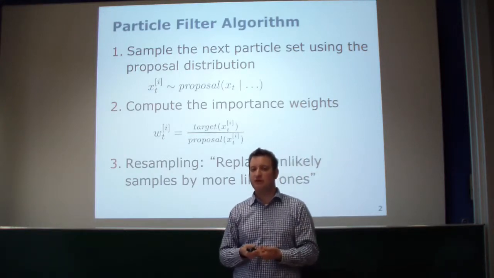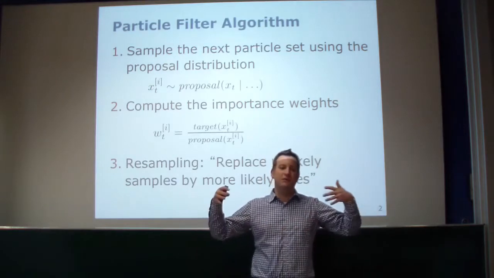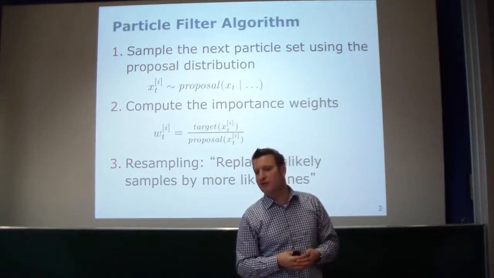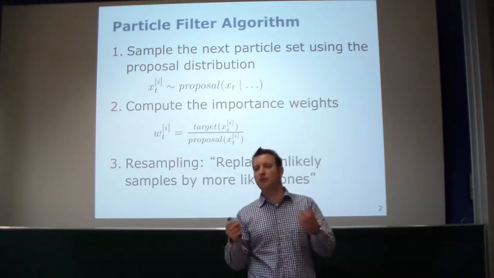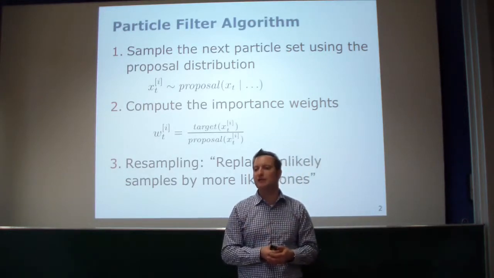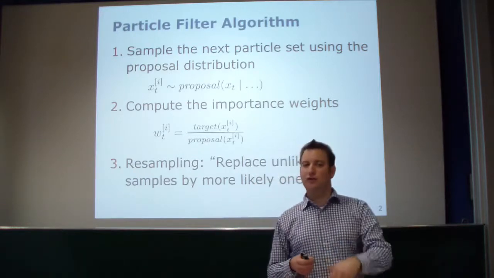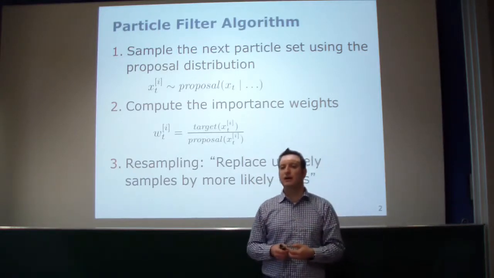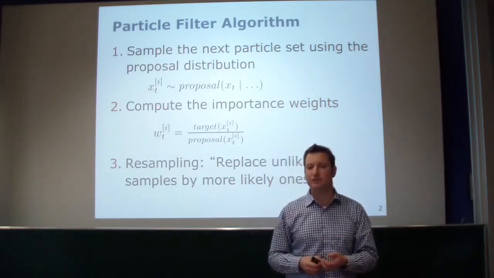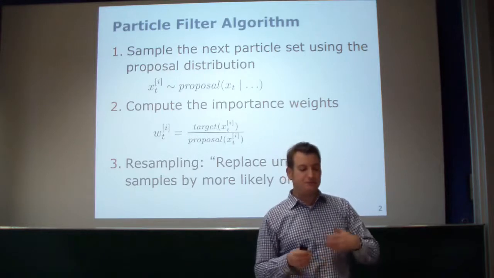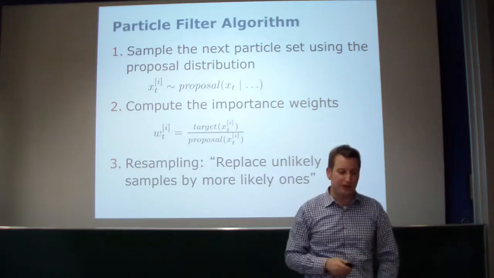Especially with a finite number, it can happen that a large number of samples move away into parts of the state space which have a very low probability. To avoid that, and to concentrate the samples on the likely regions, we introduce this resampling step, which draws particles with replacement, with probability proportional to their importance weight. This is done incrementally, plus a map update step, which is also done here.